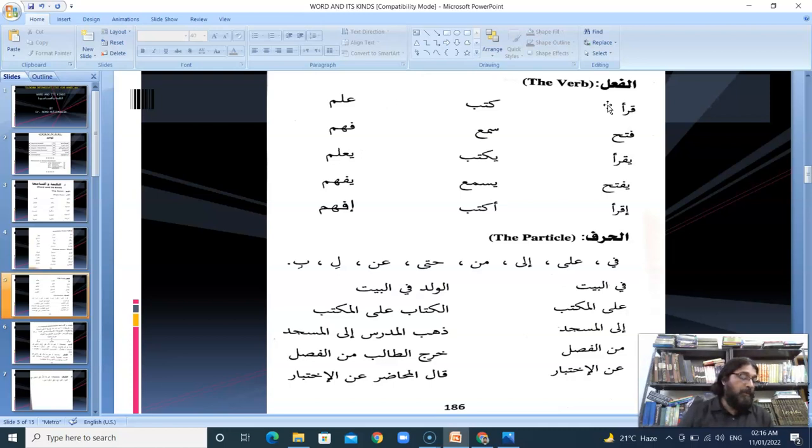So a verb is the kalima that gives a full independent meaning in itself, and it is also linked to a time, like qara'a, he read, simple past, there is a time linked here. Kataba, he wrote, simple past. Alima, he knew.